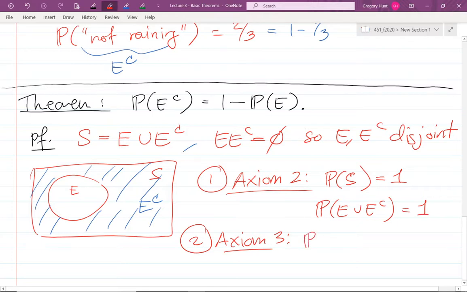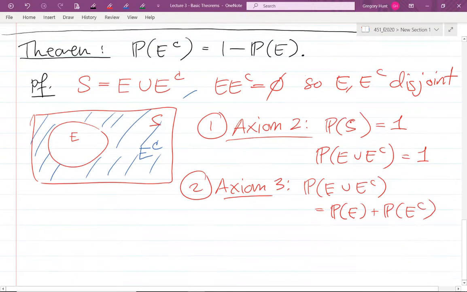So it says I can write P of E union E complement is the probability of E plus the probability of E complement. So that's just basically the additivity axiom. It's not an infinite number of sets, but it's a finite number. And this comes from the fact that E and E complement are disjoint.